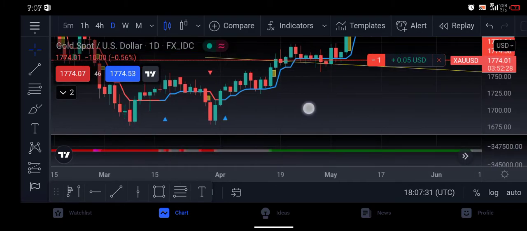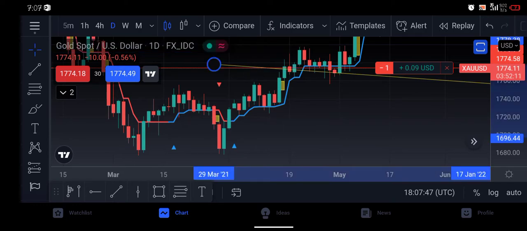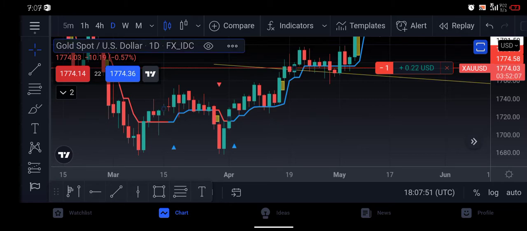Now, before this market makes this higher low, from this high to this low, reaccumulation occurs. Yes, that is what made this trend. This reaccumulation is more clear and more defined on the lower time frames.